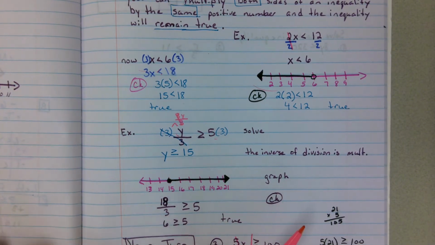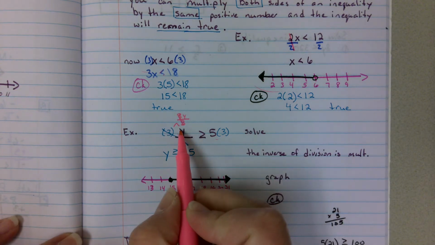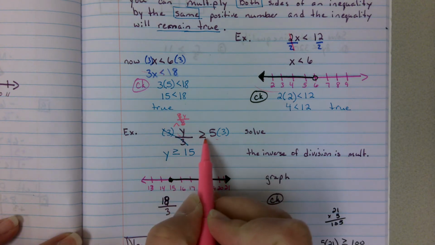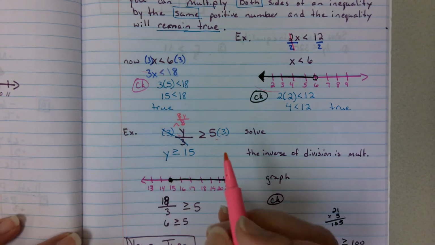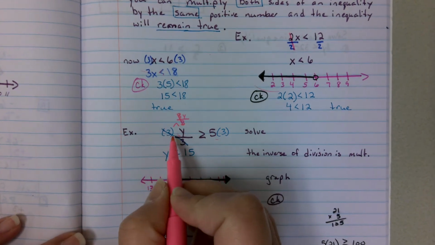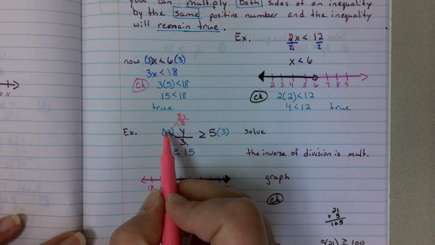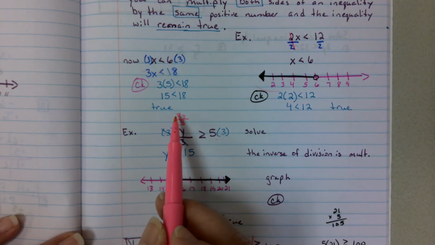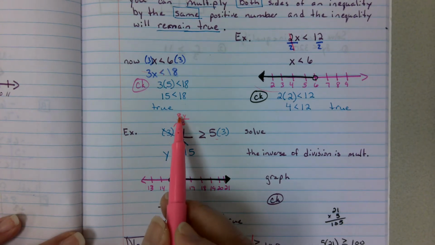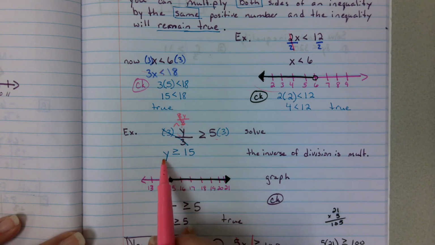All right, so my next example is y divided by 3 is greater than or equal to 5. To solve it, inverse operations: when I have division, we're going to multiply. So multiply by 3, multiply by 3. What it looks like is 3y divided by 3, and then 3 divided by 3 is 1. We bring down the y.